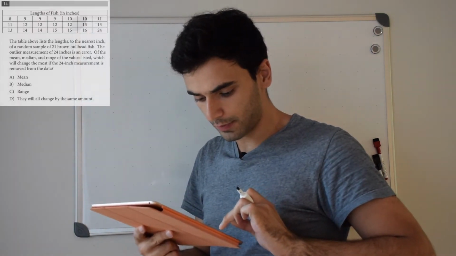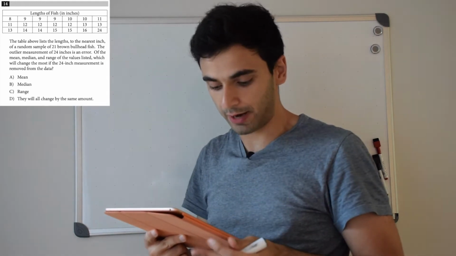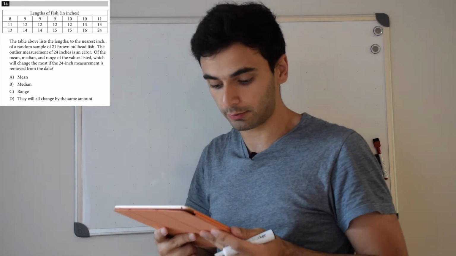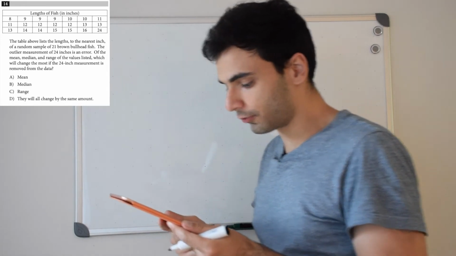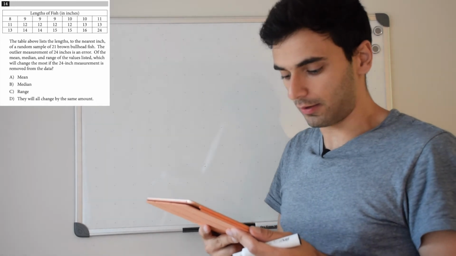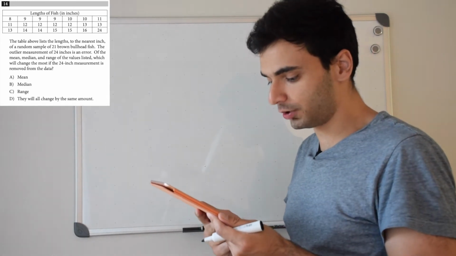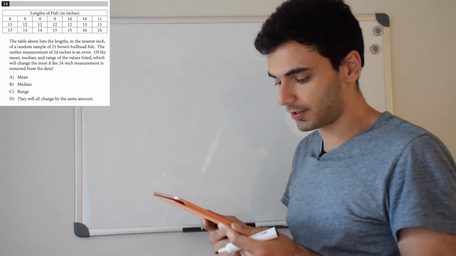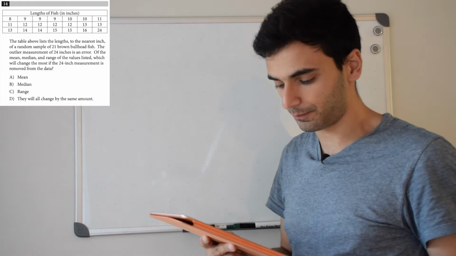Okay, so the table above lists the length to the nearest inch of a random sample of 21 brown ballhead fish. The outlier measurement of 24 inches is an error. Of the mean, median, and range of the values listed, which will change the most if the 24-inch measurement is removed from the data?